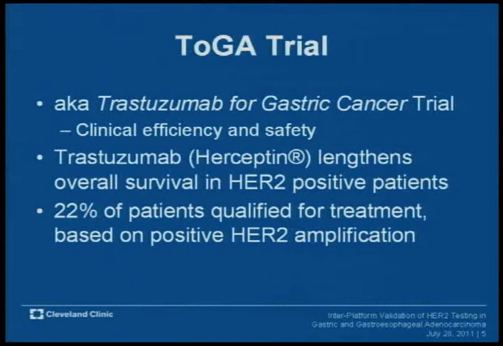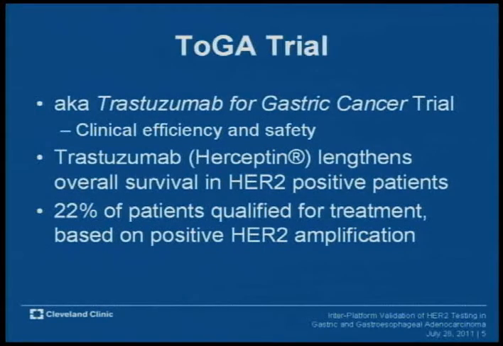So the trial that my study was based on was called the ToGA trial, also known as the trastuzumab for gastric cancer trial. This was an international trial that included about 8,000 patients worldwide, in order to test clinical efficacy and safety for clinical use.